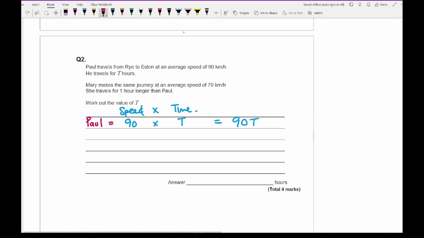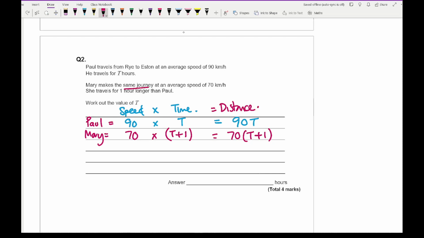Then if we look at Mary, she travelled 70 kilometers per hour, and she travelled T plus 1 hours. So that's going to be equal to 70 times T plus 1. Now we know that both of these have got to equal the same because they've both travelled the same distance.